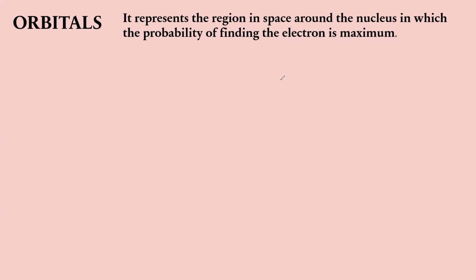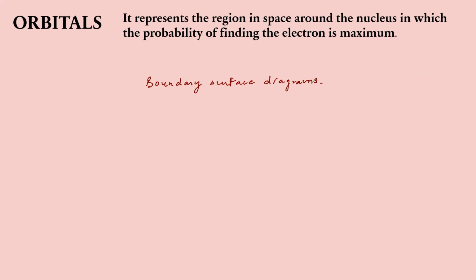Now we have various shapes of orbitals. The shapes of these orbitals can be represented in terms of boundary surface diagrams, which represent the shapes of the orbitals.